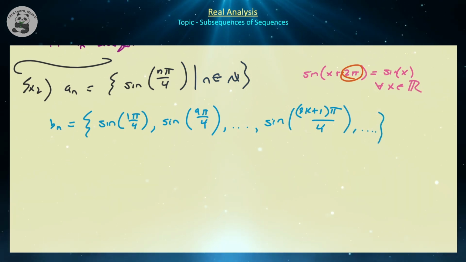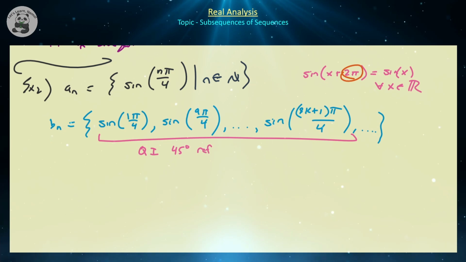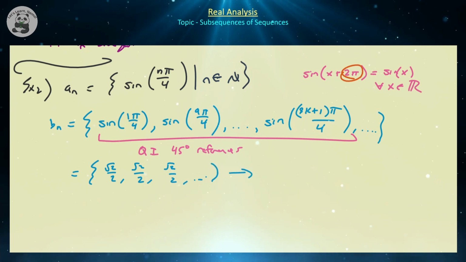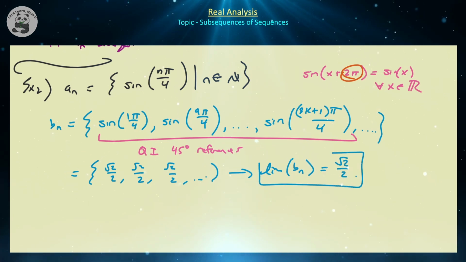What I'm looking at is just the quadrant 1 45-degree references. If you know your unit circle, each of these is equal to the square root of 2 over 2, and so on. So I've just created a constant sequence, so the limit of Bn is equal to the square root of 2 over 2.